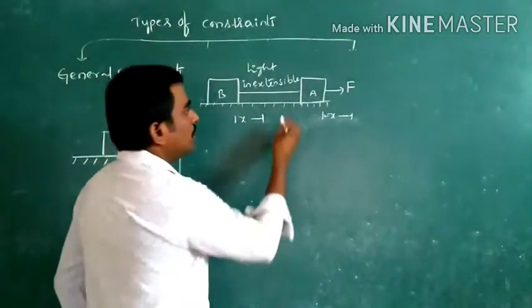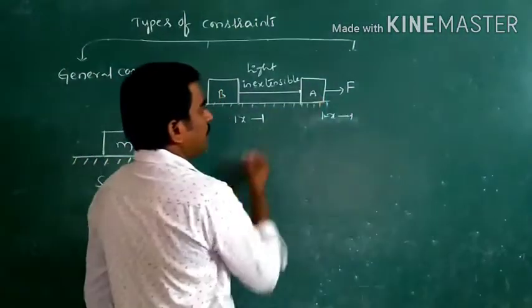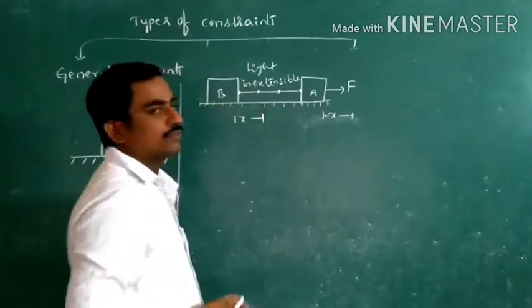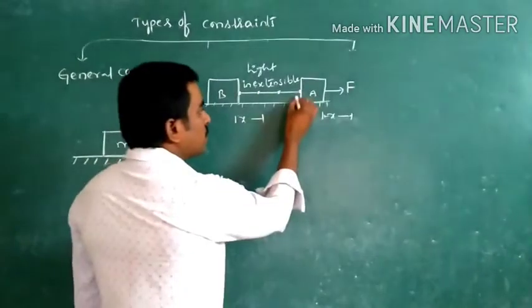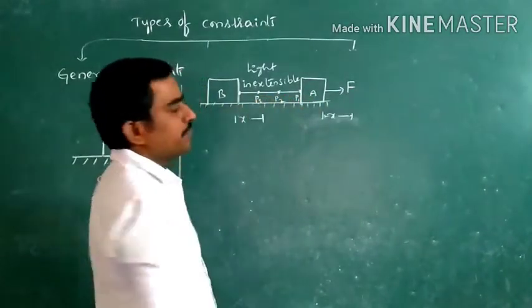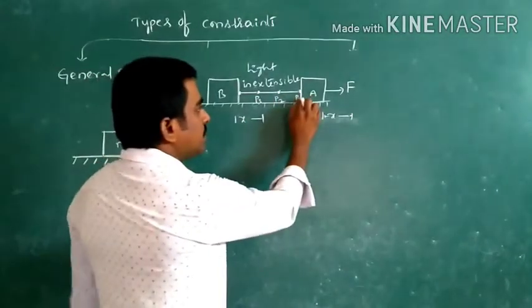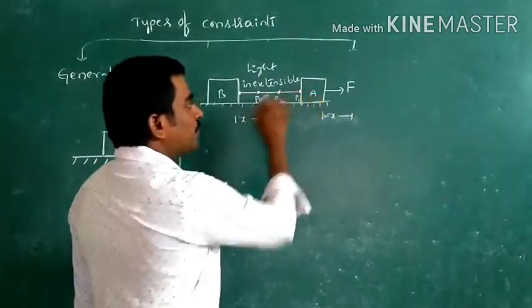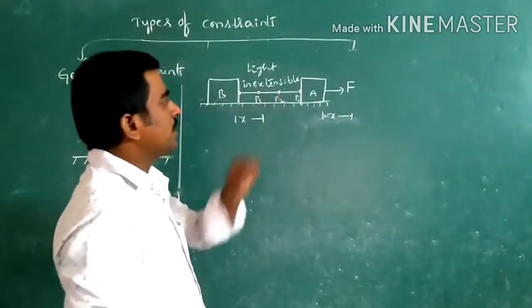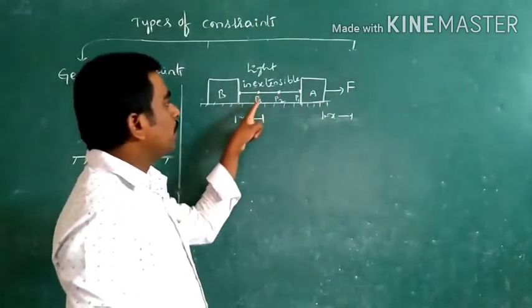So let us assume some points along the string: this is point P1, point P2, and point P3. The distance covered by point P1 is also x, by point P2 also x, and by point P3 also x.